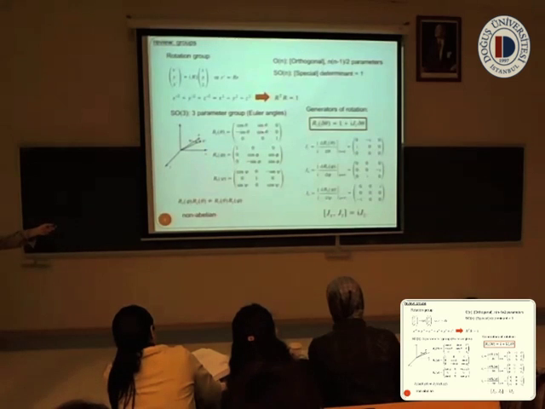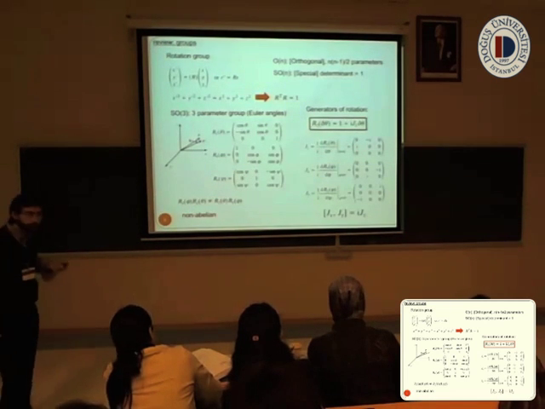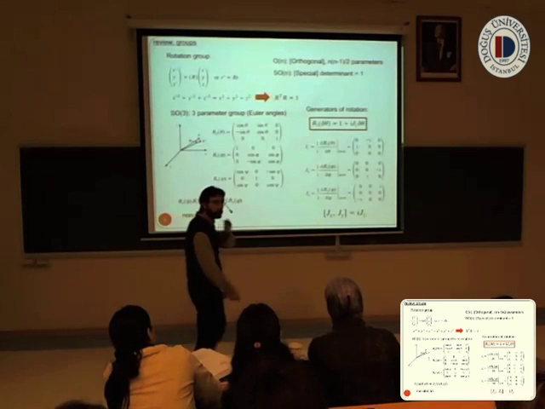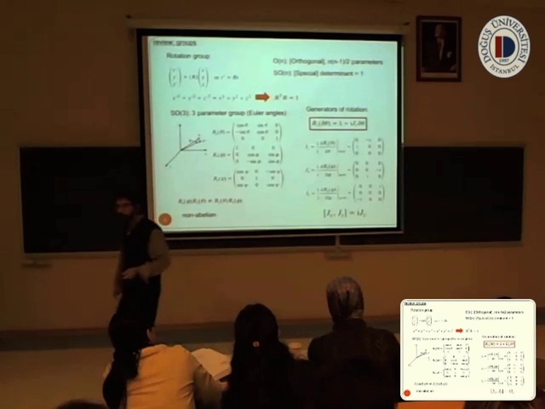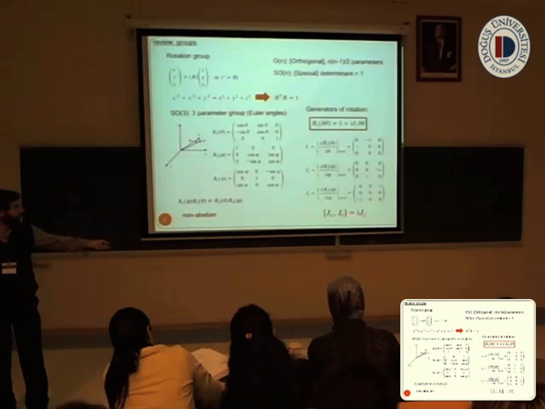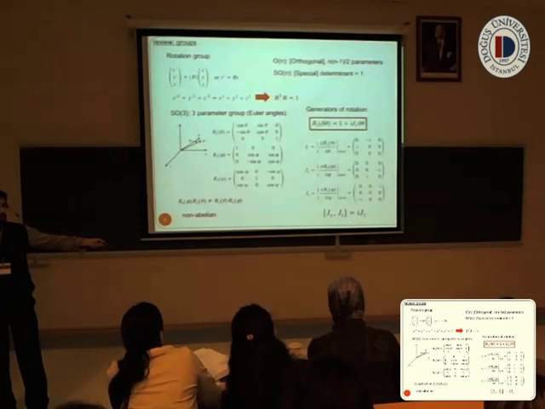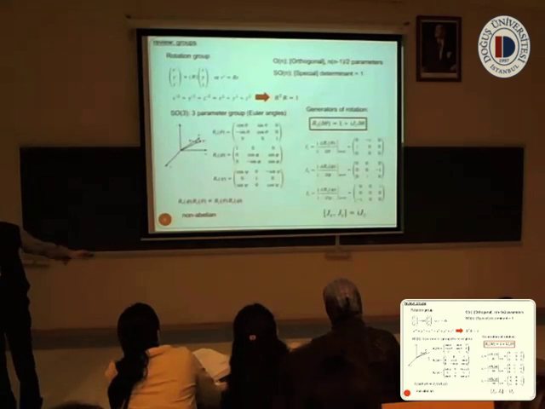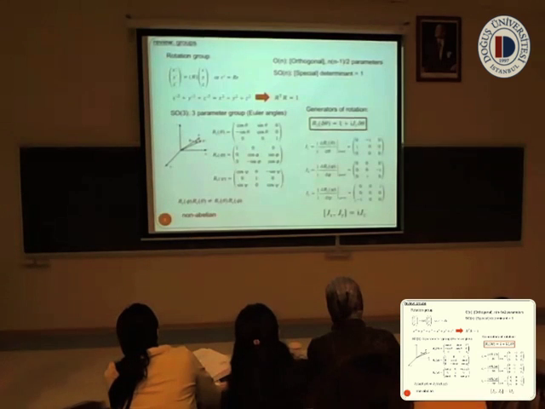If you do that, you have cosines here, and from the cosines, you get 1. So you have this minus i, and you get this expression. Now, here are the commutation relations of the angular momentum operators. You know.